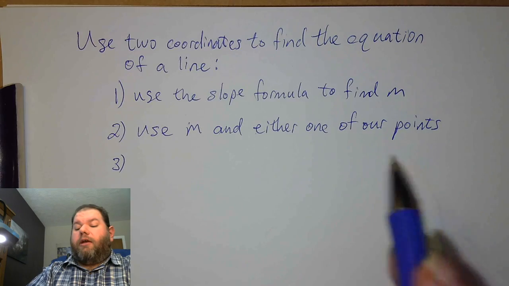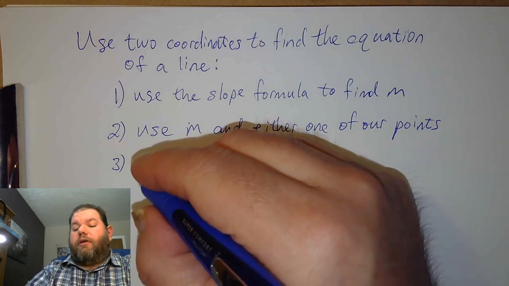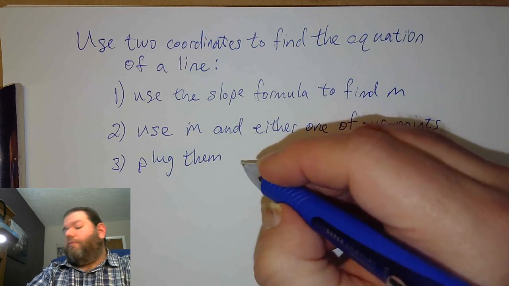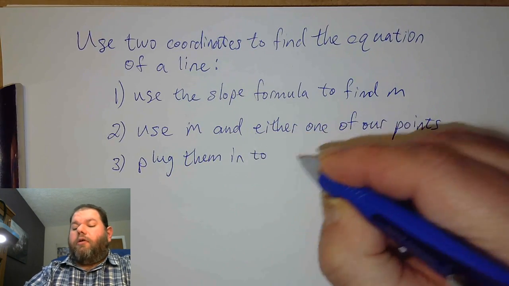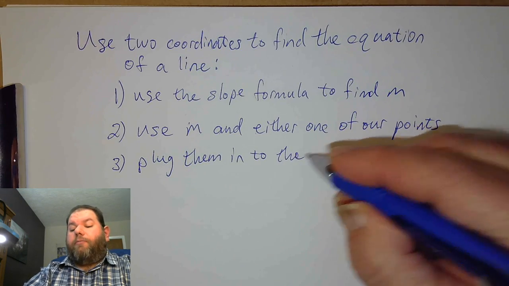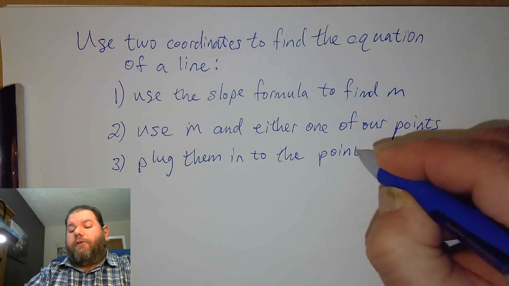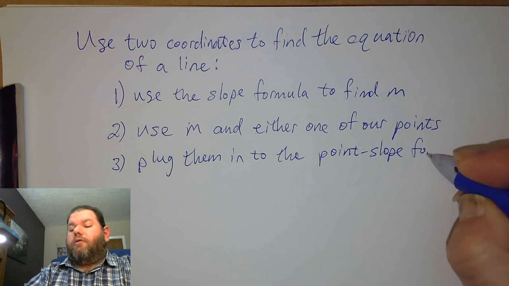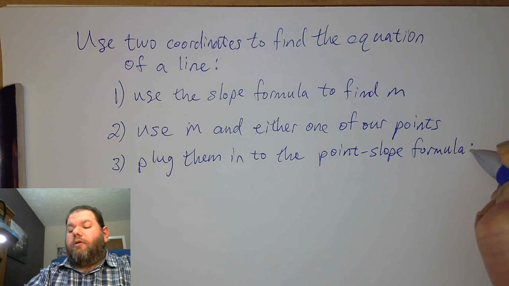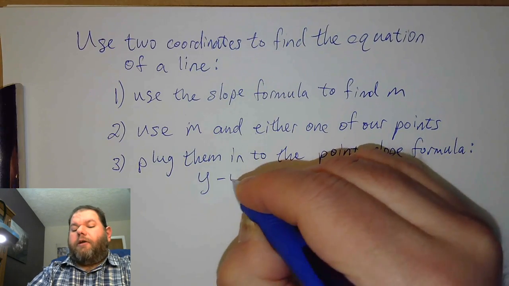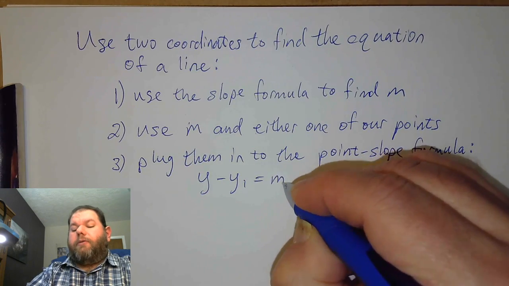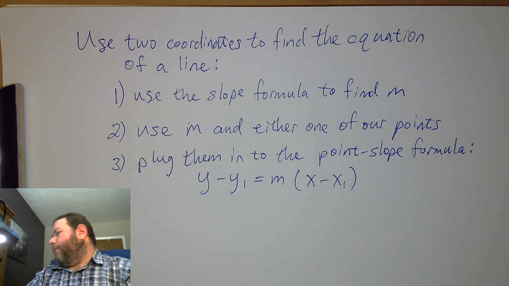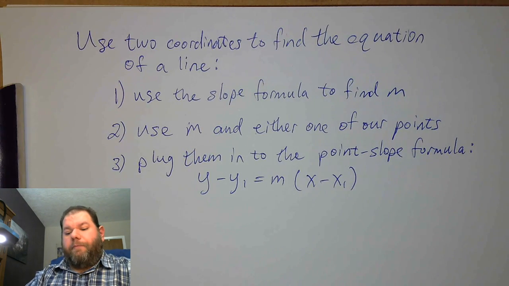So we use m and either one of our points and plug them into what we call the point slope formula or point slope equation, which is y minus y1 equals m times x minus x1.